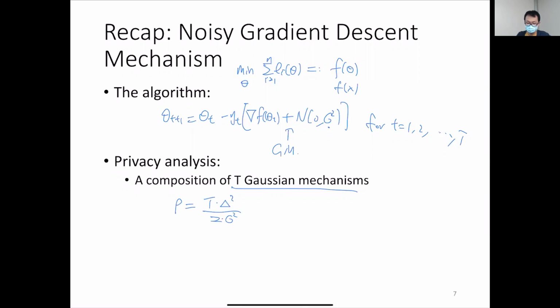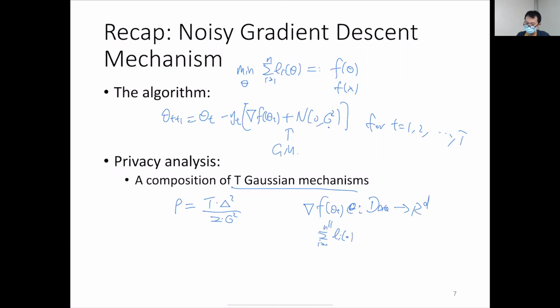And it remains to just calculate what this L2 sensitivity is. So this is a gradient, and this is our query. This is a function that maps the data to R to the D. And we also know that this is equal to the sum over the individual gradients.